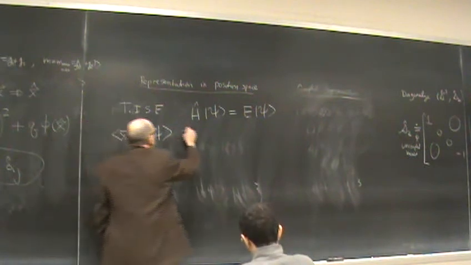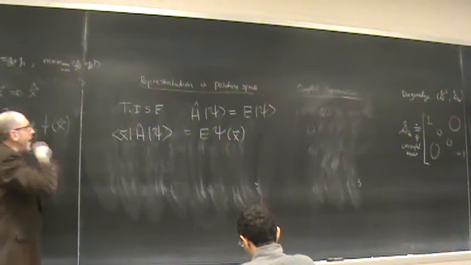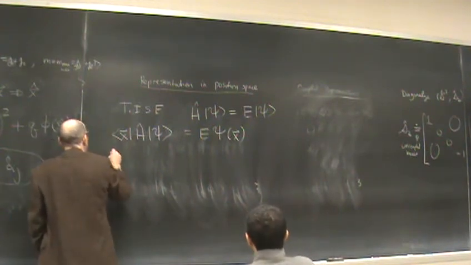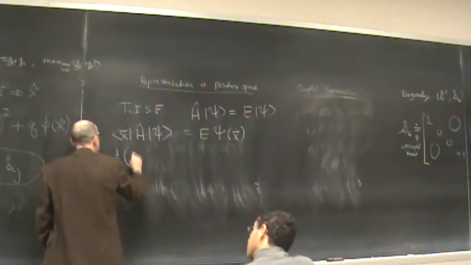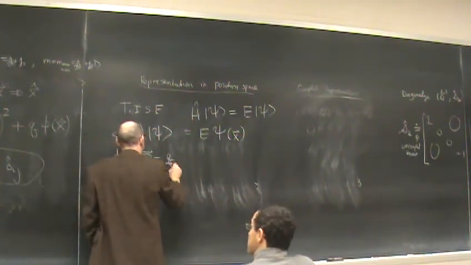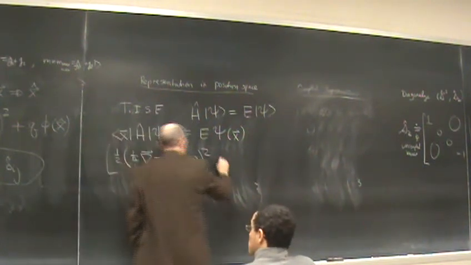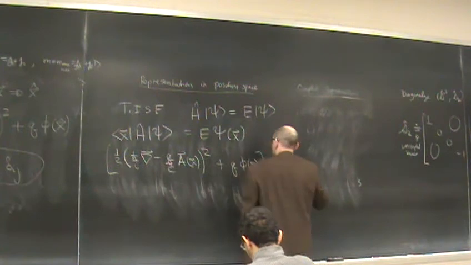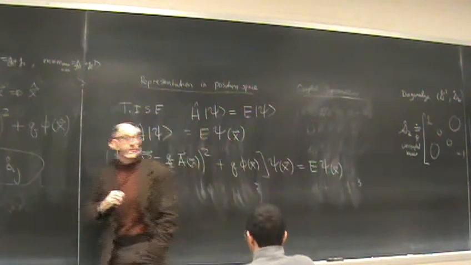When I write that out, what I get is 1/2m, the position representation of the canonical momentum, which is the gradient, minus q over c A of x, squared, plus q times the potential acting on psi, equals E psi.